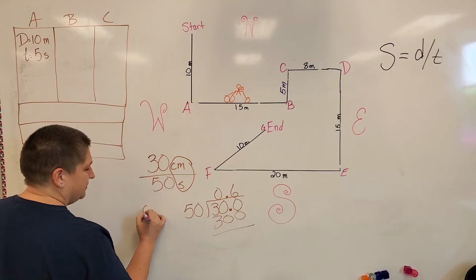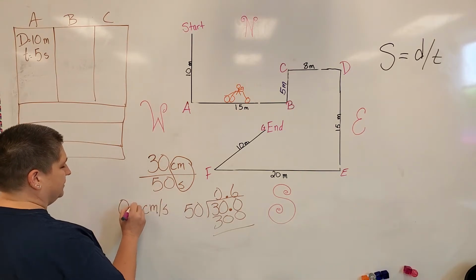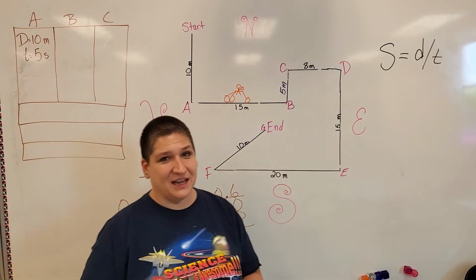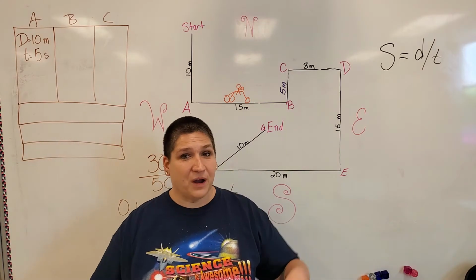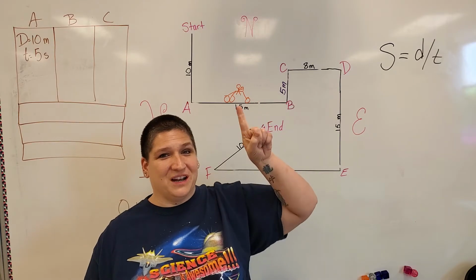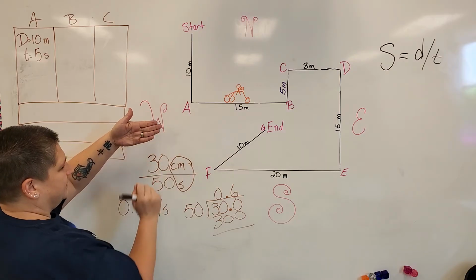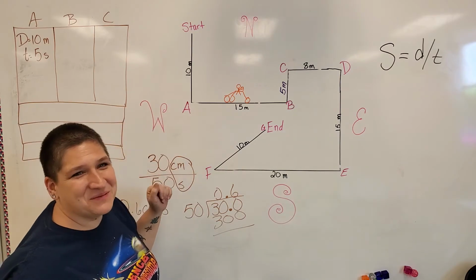First, I'm going to take my centimeters per second, throw it off to the side, and there's my speed, 0.6 centimeters per second. It's that basic math problem. And if you're going to key it into a calculator, key in the numerator first, the one on top. So you would key in 30 divided by 50 and come up with it that way.